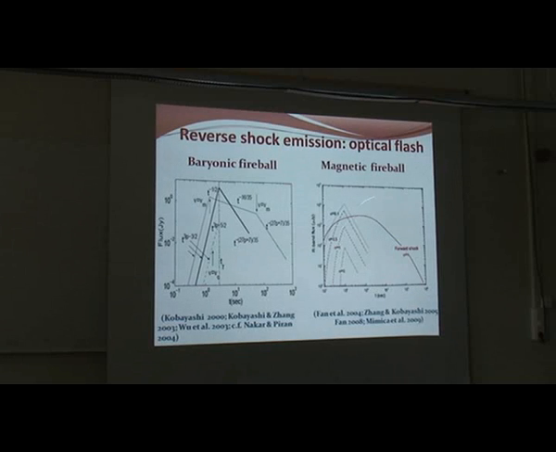If the reverse shock is only weakly magnetized, the stronger the magnetization, the brighter the reverse shock optical emission. But if the magnetization is dynamically important, the reverse shock will be significantly suppressed, and the optical emission will be very weak.